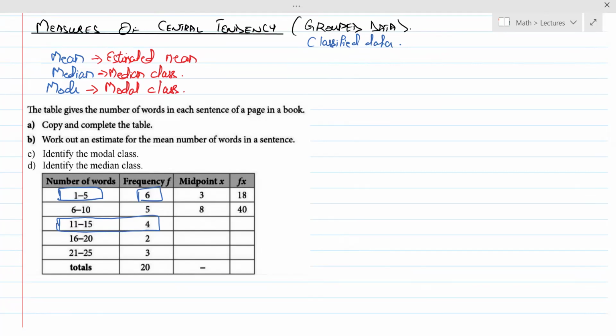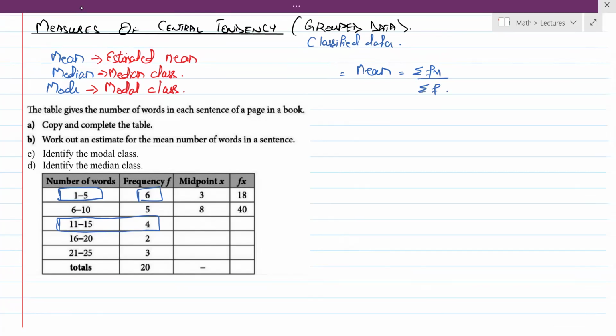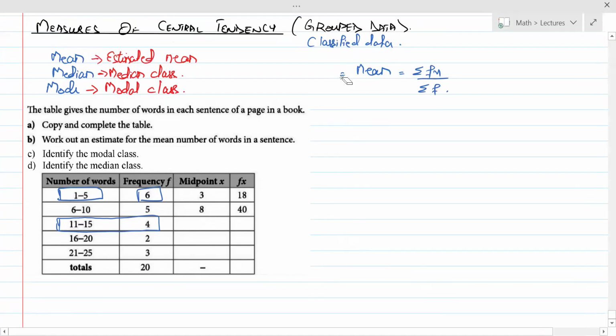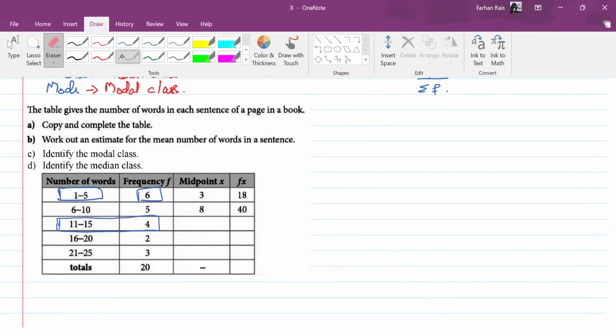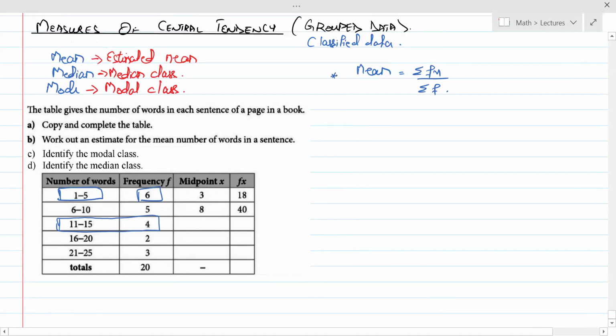Now, finding the mean here, as I've said, we would be finding the estimated mean. Now we know that for the mean, the formula to be used is summation fx upon summation f. This is the formula we learned in frequency tables. But here we have the frequencies for all the classes, but we do not have the x values. x values represent the data values.